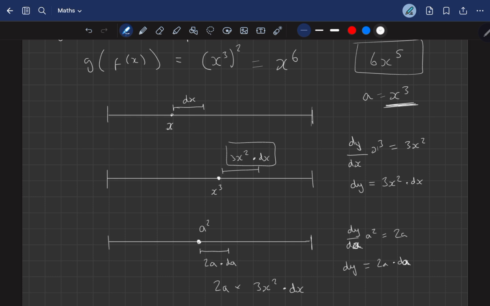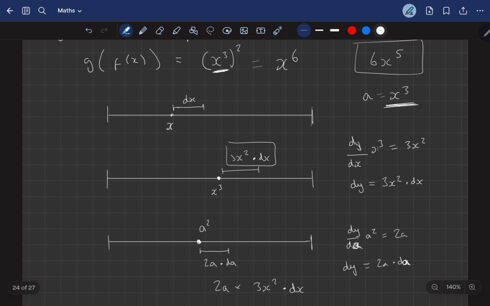We get 2a times dA. That is the change in a squared for a slight nudge in a. Now, a is actually the value of x cubed. So when I'm saying a slight nudge in a, that is actually the slight nudge of x cubed for a small nudge in dx.